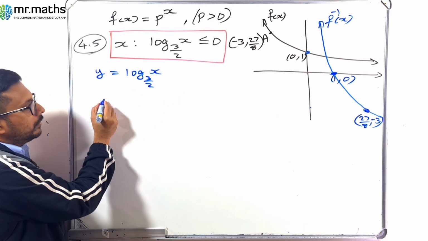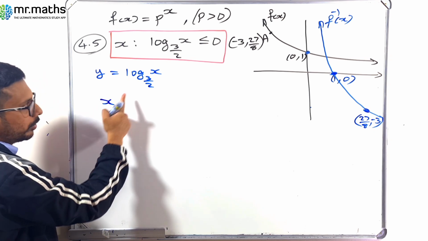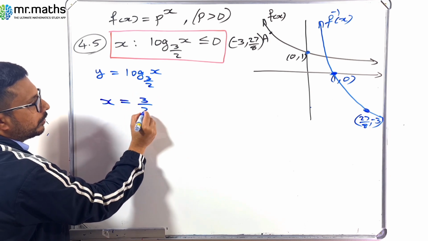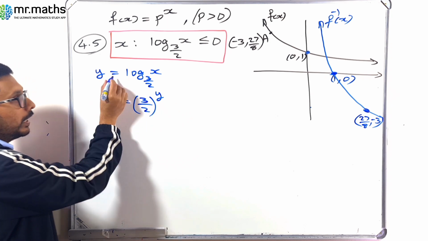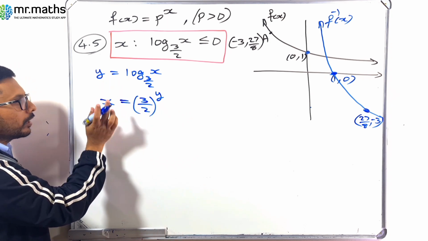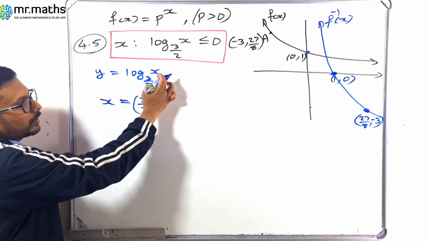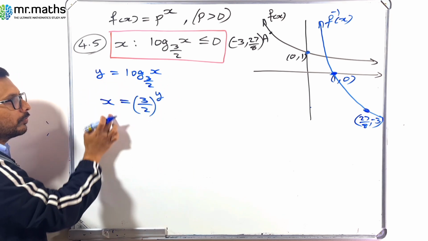You studied the logarithmic rule, so I'm going to apply it. This x is equal to the base 3 over 2 raised to this number y. Here I wrote it in exponential form. So x is equal to 3 over 2 raised to y. Both of these are the same thing.